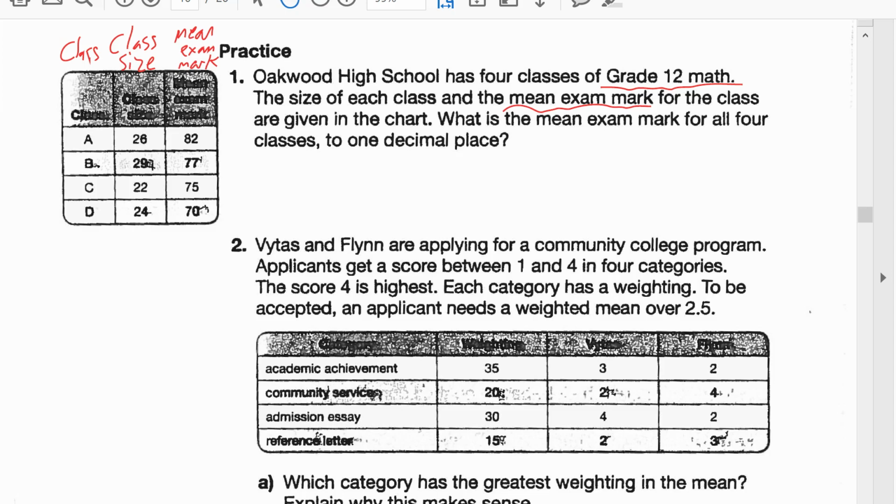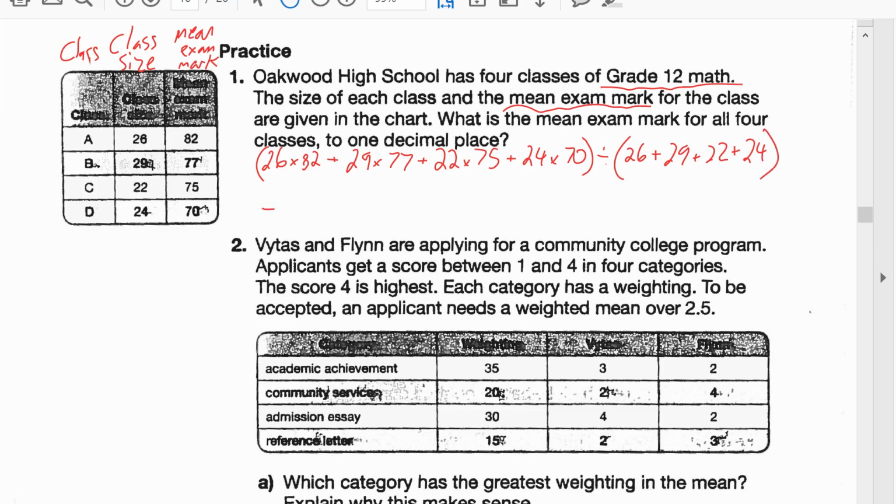All right, to do that, we have to do 26 times 82 plus 29 times 77 plus 22 times 75 plus 24 times 70. And then we have to divide by the total of them all, which would just be adding 26 plus 29 plus 22 plus 24.